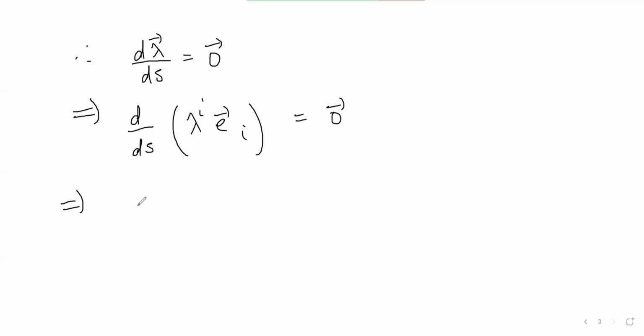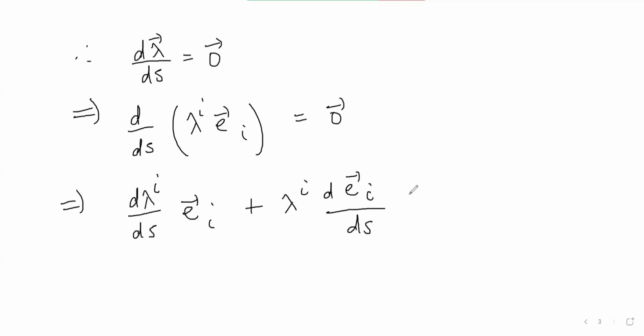You get d lambda I with respect to s multiplied by ei, plus lambda I multiplied by the derivative of ei with respect to the arc length s, and that is equal to 0.